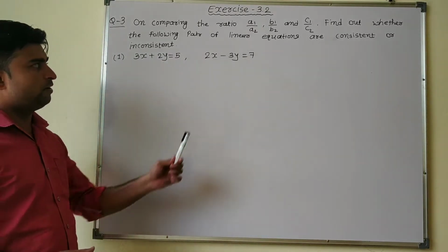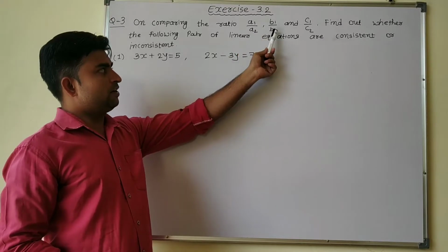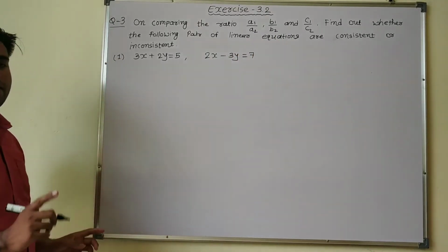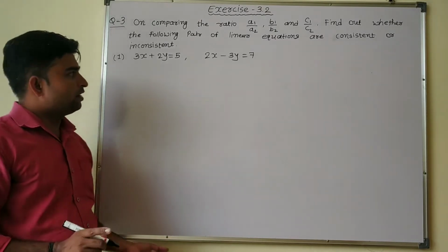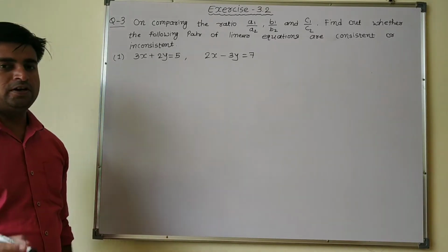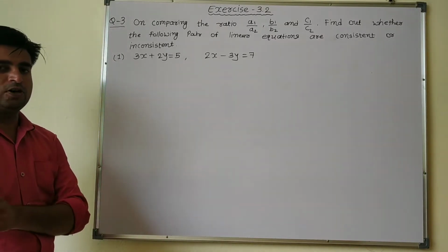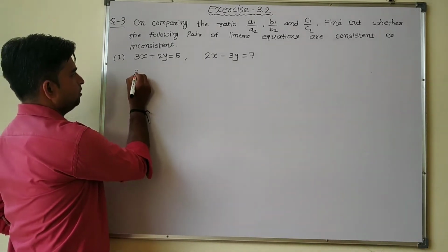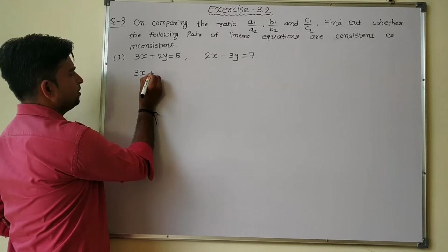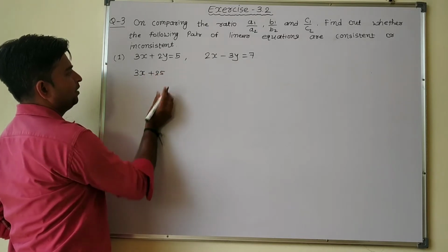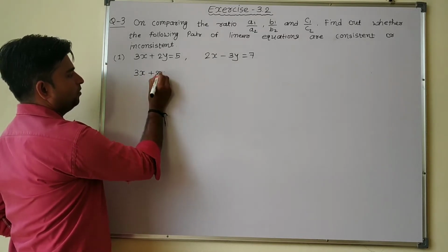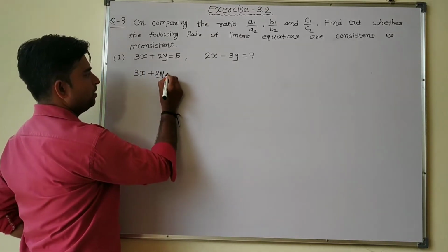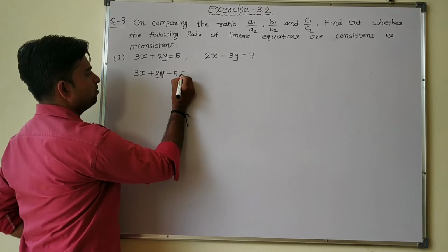So first of all we have to find these three ratios. First we find A1 upon A2. But here the equation is not given in a standard form, so first of all we have to convert the equation into standard form. So 3x plus 2y, and 5 goes to the left side, so it becomes minus 5 is equal to 0.